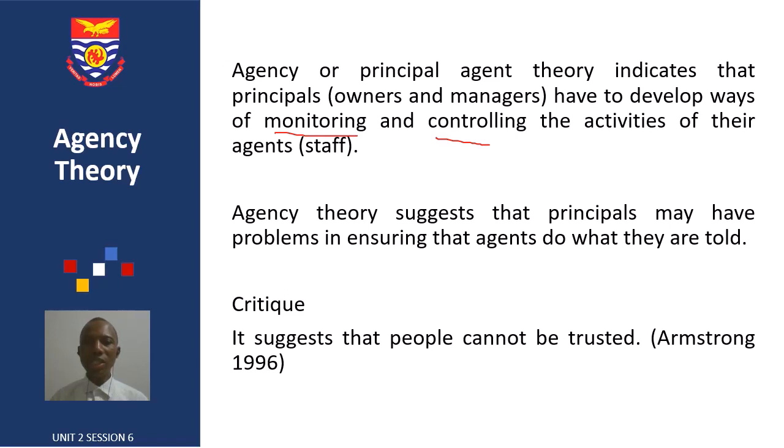The agency theory suggests that principals may have problems in ensuring that agents do what they are told to do. So the critique of this particular theory is that principals may not get time to sit down and monitor to the end.